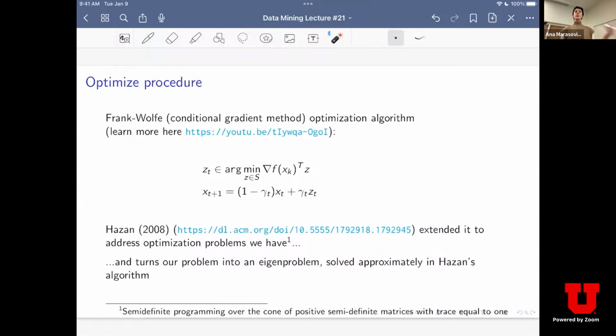Sounds very wordy, but the point here is that the optimization problem we have is exactly the one shown in this paper that we can address if we extend this Frank-Wolf algorithm. And this extension turns our problem into an eigen problem, and it then solves this whole thing approximately. We don't get the exact solution, but when we opt for any kind of iterative methods, we usually do not get the best solution. Otherwise, we would have a closed form solution like we had with the linear regression.